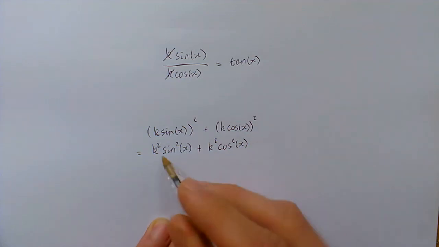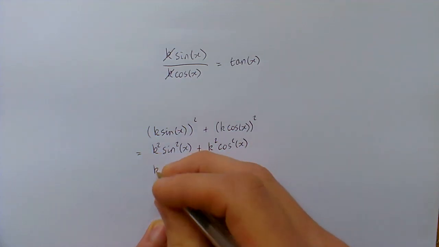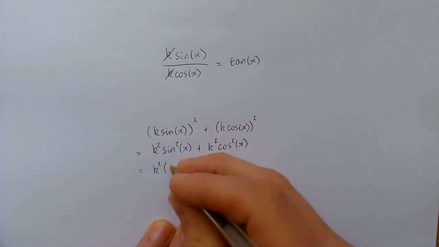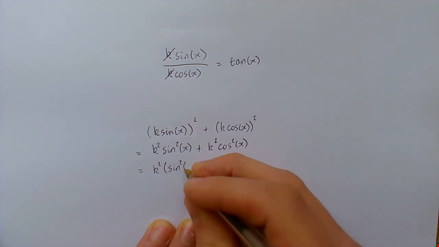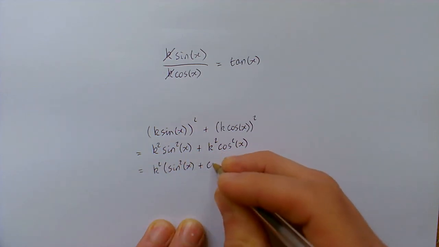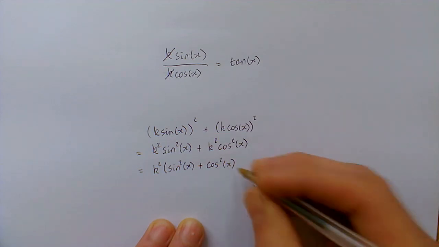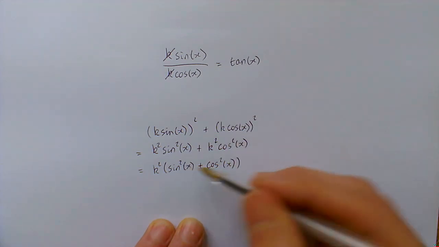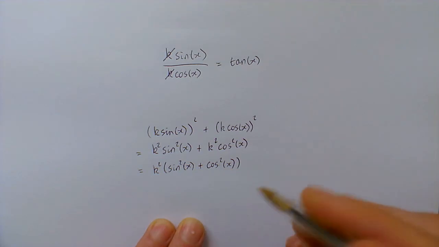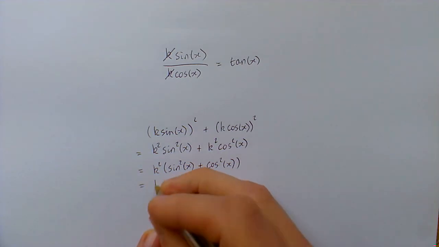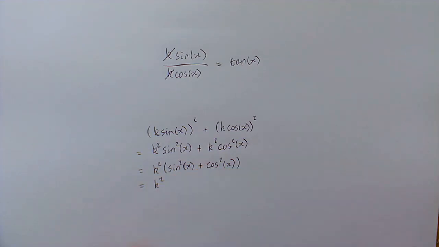When we've got that, we could factorize out the k squared. So that's equal to k squared lots of sine squared x plus cos squared x in brackets, but sine squared plus cos squared, that's another trigonometric identity, is just the same as 1, so the whole thing is just k squared.